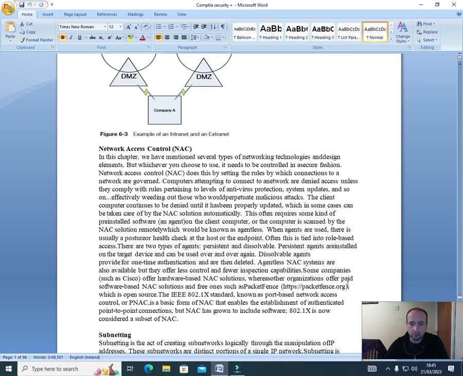Other organizations offer paid software-based NAC solutions, and free ones such as PacketFence, www.packetfence.org, which is open source. The IEEE 802.1X standard, known as Port-Based Network Access Control, or PNAC, is a basic form of NAC that enables the establishment of authenticated point-to-point connections, but NAC has grown to include more, and 802.1X is now considered a subset of NAC.